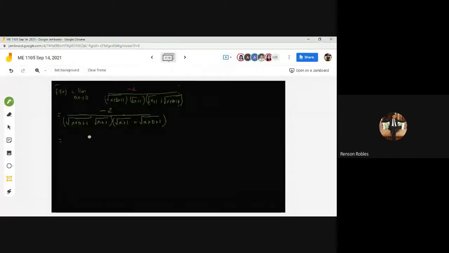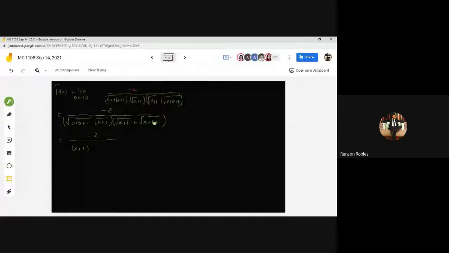Negative 2 all over. When these two are multiplied, so you only have x plus 1. Because the square, this will become square root of x plus 1. Square root of x plus 1 times square root of x plus 1 is x plus 1. And then this is square root of x plus 1. When these two are combined, that leads you to 2 square root of x plus 1. So you have 2 square root of x plus 1.